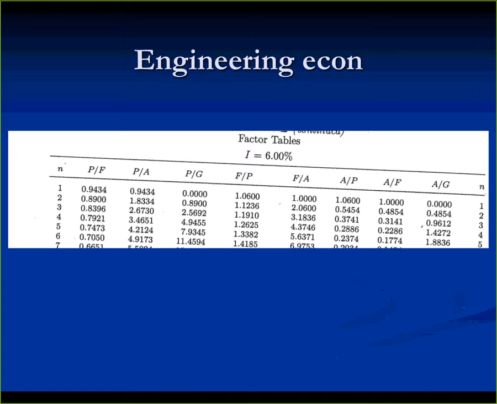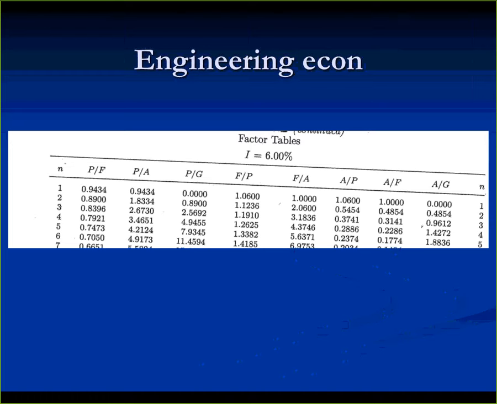Again, all of these different columns represent how to convert from one of these cash flow factors to another. So if you want F, you have P, so you're going to go to the F/P column towards the middle of your table, and then you're going to run down.